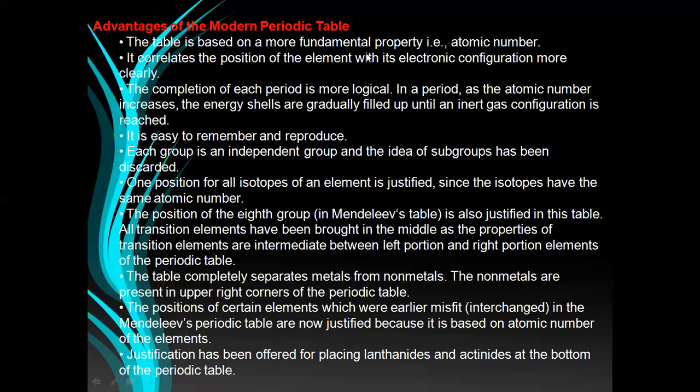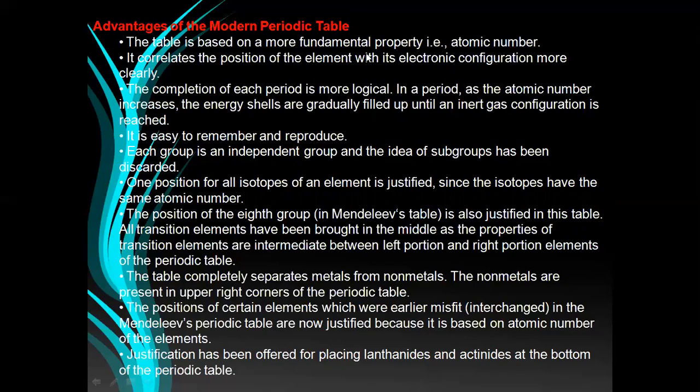So the modern periodic table is based on the fundamental property, the atomic number. The modern periodic table also correlates the position of an element with its electronic configuration.